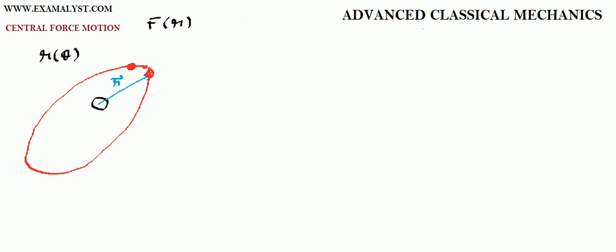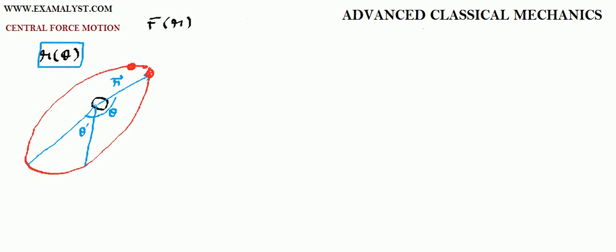Now, if I can find what will be r as a function of theta, that means if I go from here to here by covering a particular angle theta, if I can get the value of the length of r, and suppose I go a little bit more to theta dash, a greater angle, and I can find the length of radius vector r.